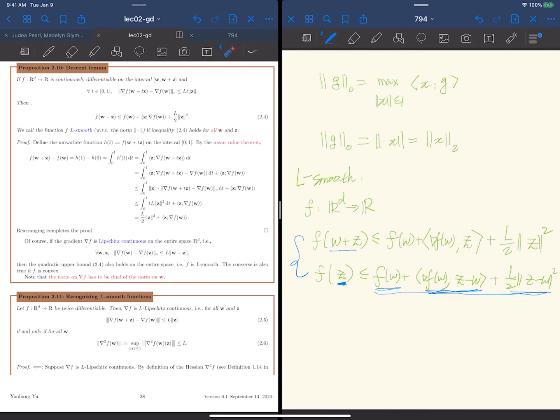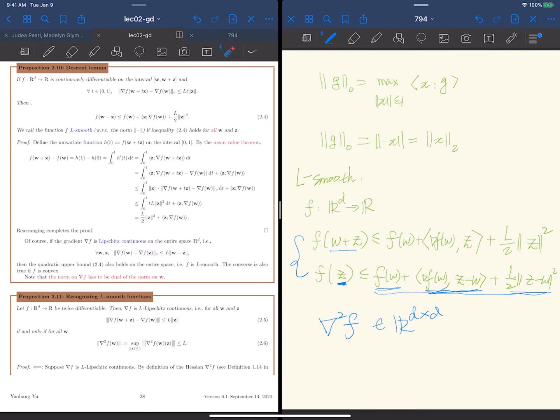All right, so if I give you a function f, how do I know if it is L smooth or not? Well, this is how you can check. The theorem, proposition 2.11 here, says you look at the Hessian. You compute the Hessian of f, which is a d by d matrix.